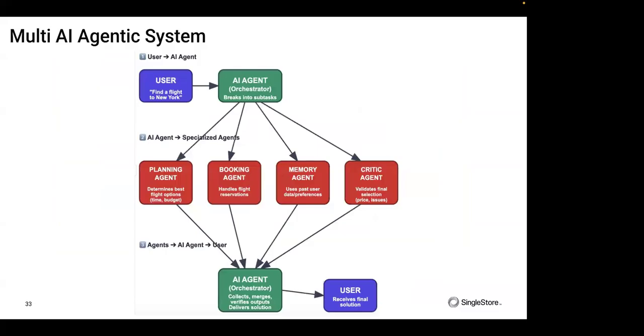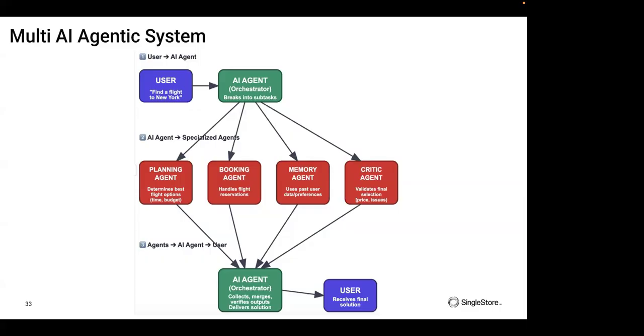And this is a multi AI agentic system where multiple agents come together to solve a complex problem, like find a flight to New York, right? There is an orchestrator agent that breaks the user query into subtasks, and each task goes to different specialized agents. The planning agent will determine the best flight option.